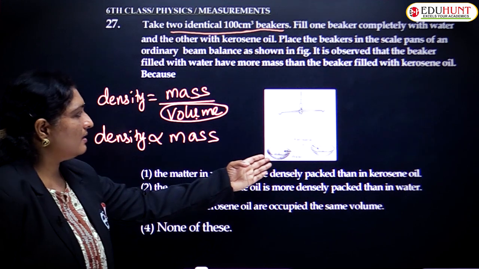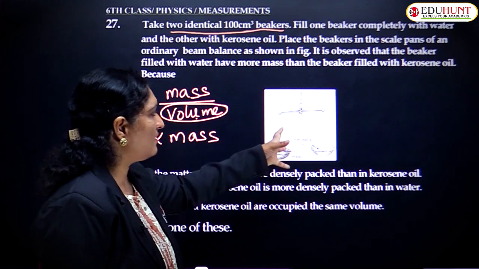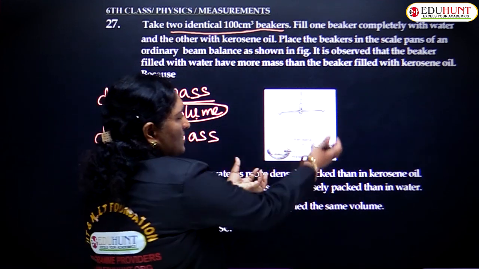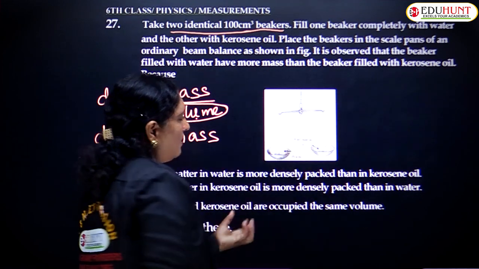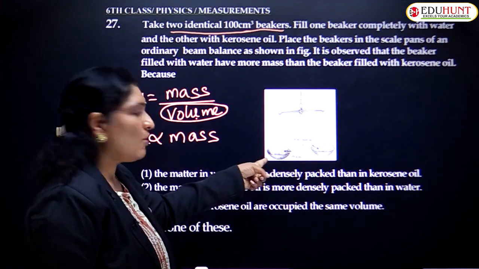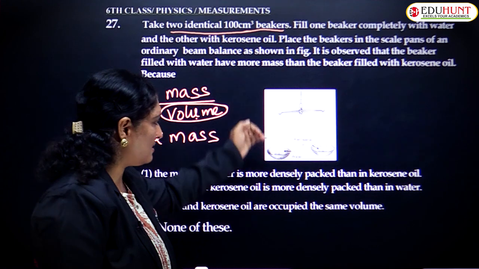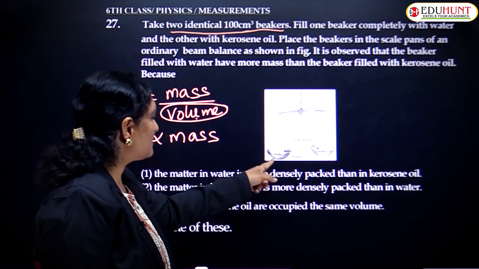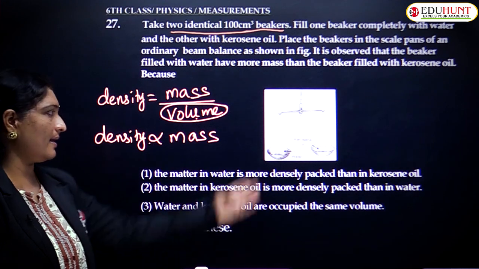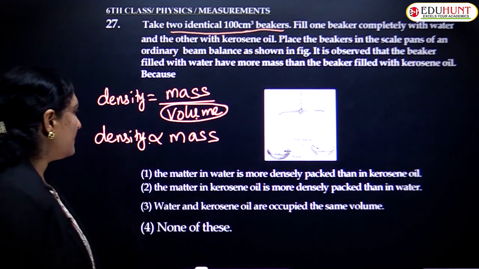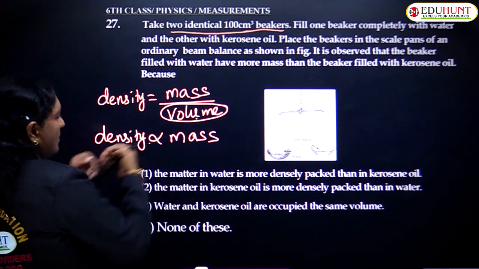In this figure, you can observe from the physical balance whose mass is more, as it is coming down and the other is going up. Whose mass is more? Water's mass is more, the reason why it is coming down. So mass of water is greater than mass of kerosene oil according to the picture. Hence more mass means more density.